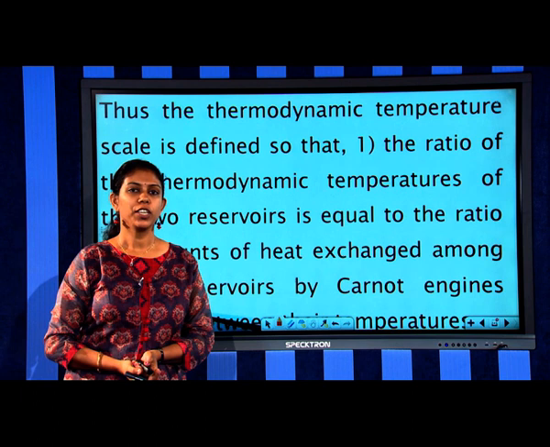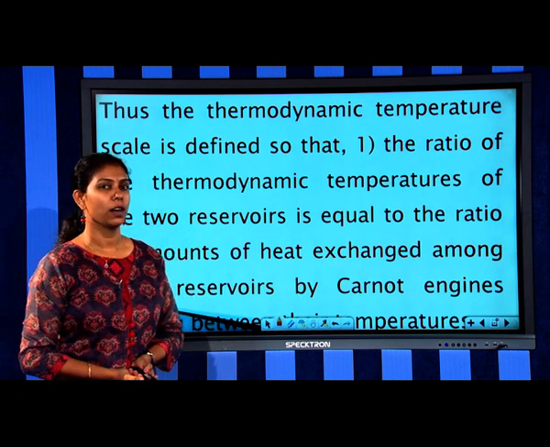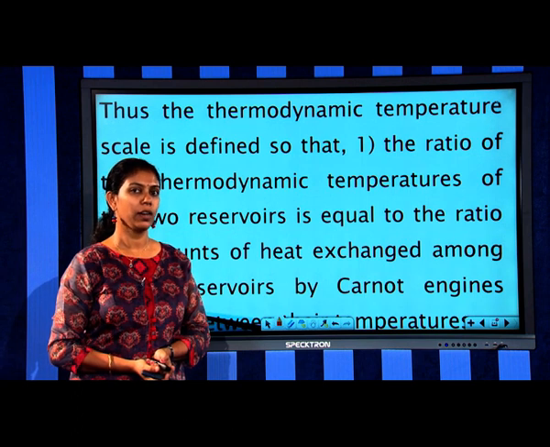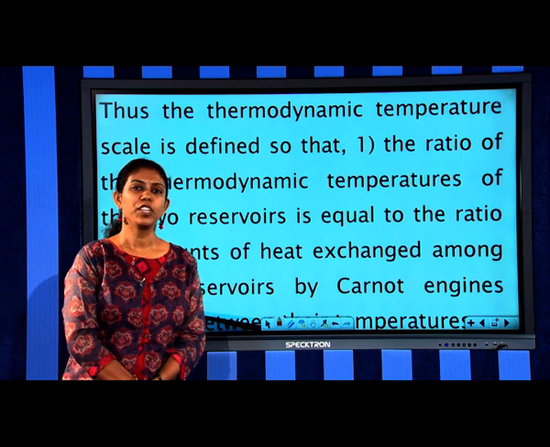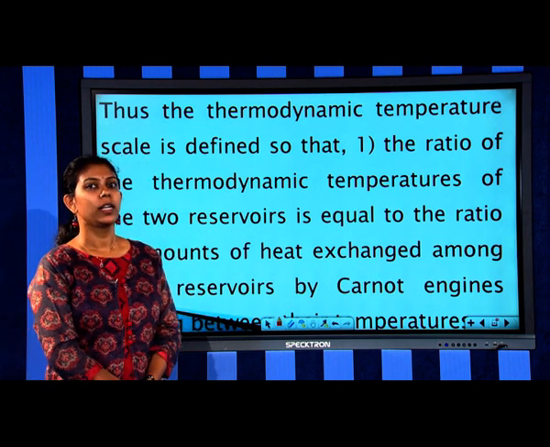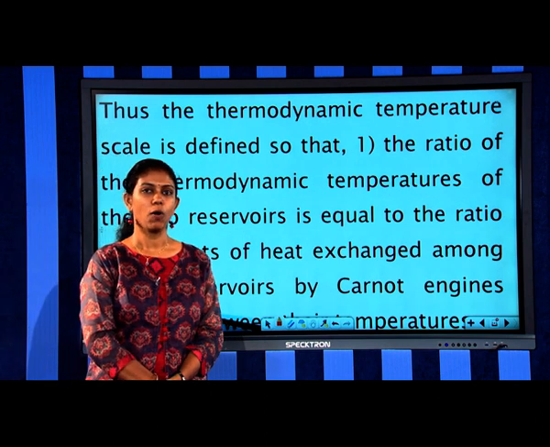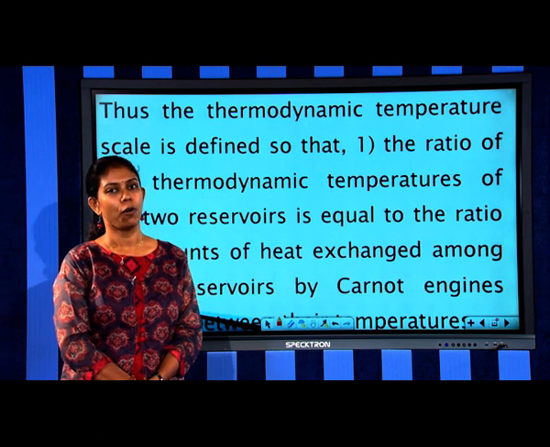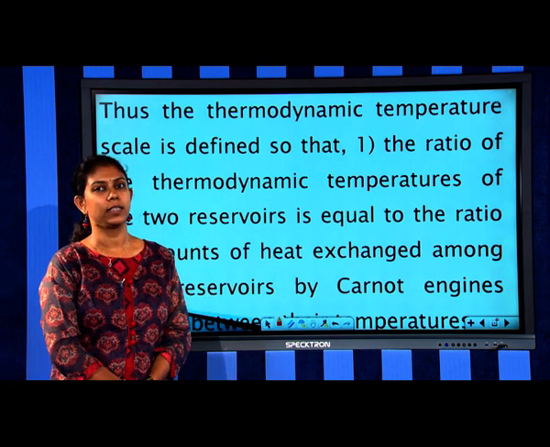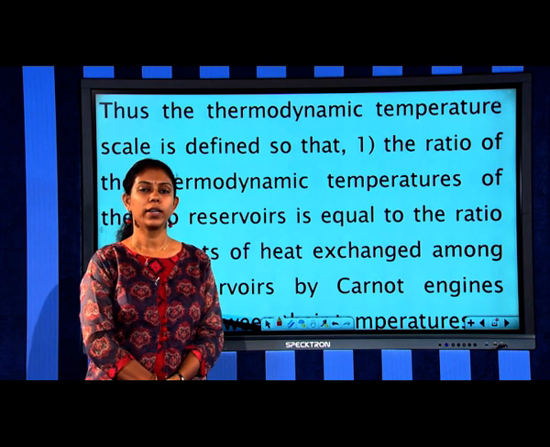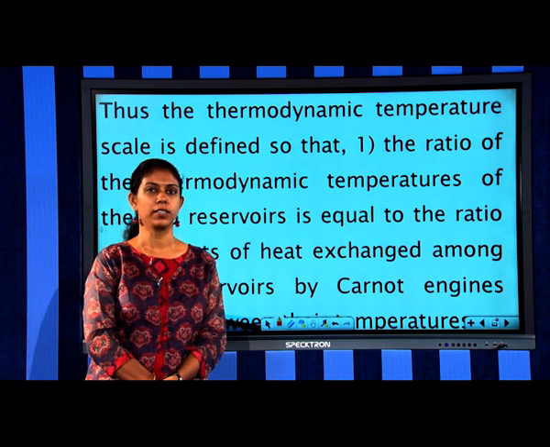Finally, the thermodynamic temperatures are called absolute temperatures because they are independent of any material. Thus the thermodynamic temperature scale is defined so that the ratio of the thermodynamic temperatures of the two reservoirs is equal to the ratio of amounts of heat exchanged with these reservoirs by Carnot engines working between their temperatures.